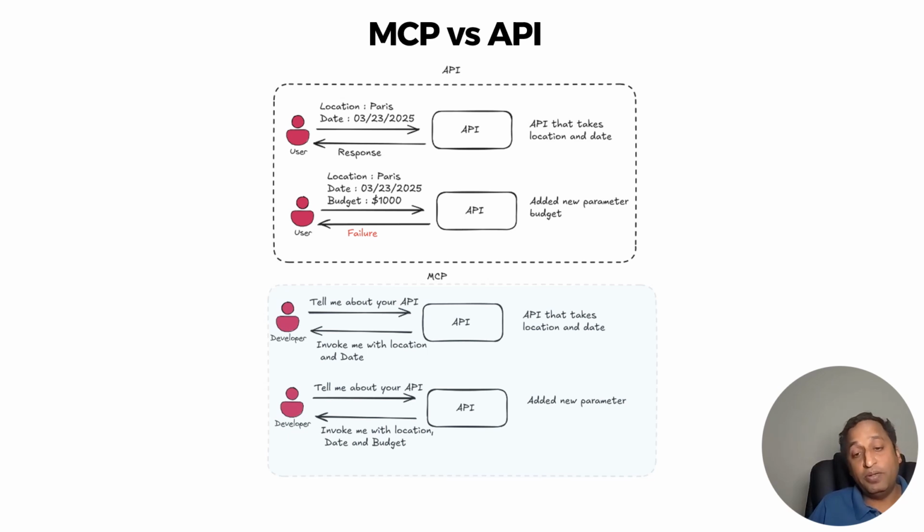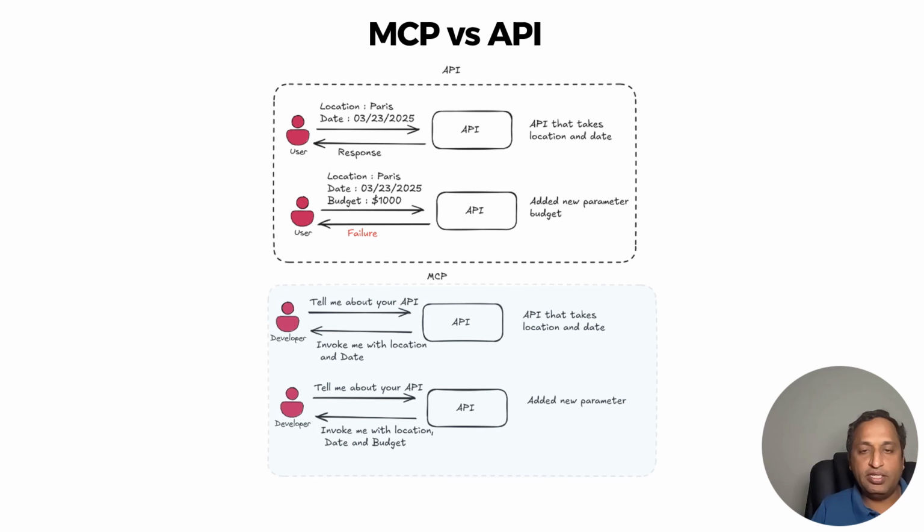When you add a new parameter and the agent and client connect again, this time the MCP server says, hey, now you have to invoke me with the location, date and budget also. Now the agent knows that next time I'm invoking this, I need to pass budget also.